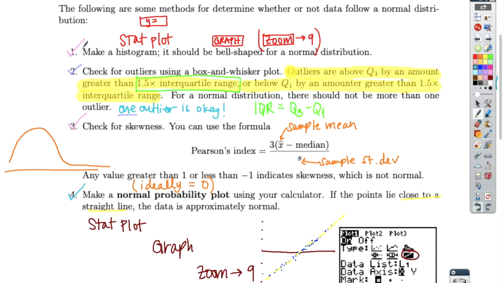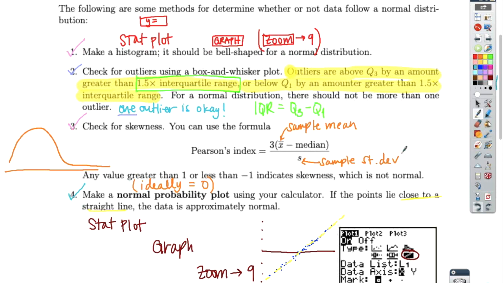And so we, again, made a histogram that looked generally normal. We checked for outliers. We found 1, but 1 is okay. We checked for skew using the Pearson's index. We want it to be 0, but we got negative 0.04, really, really close to 0.